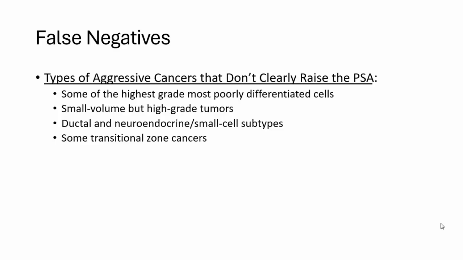If you have a high-grade prostate tumor, but it's small in size, that may not raise the PSA enough to be easily detected. Ductal and neuroendocrine or small cell prostate cancers may not raise the PSA, and the location within the prostate where the cancer is may limit the effects on the PSA.